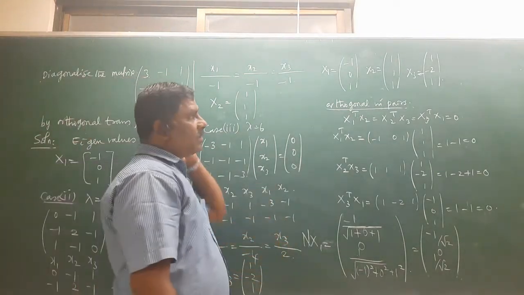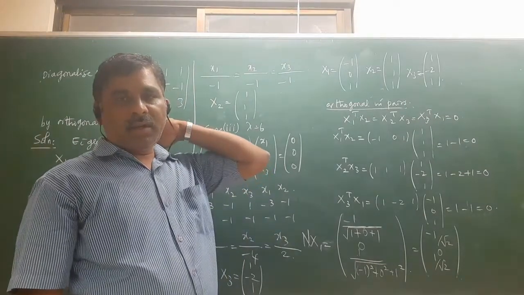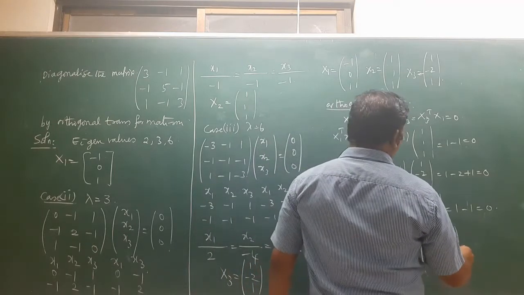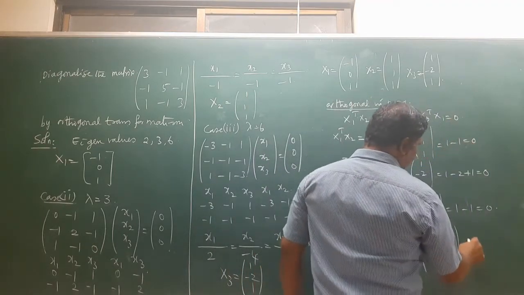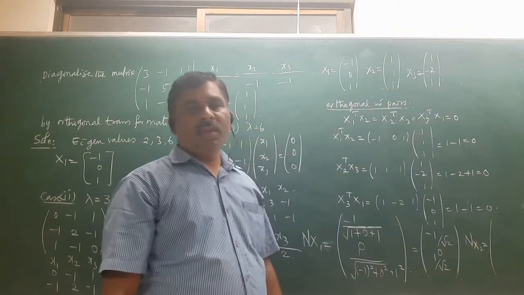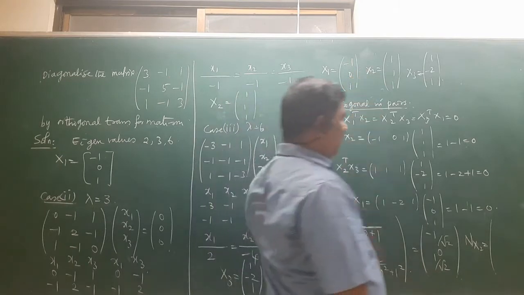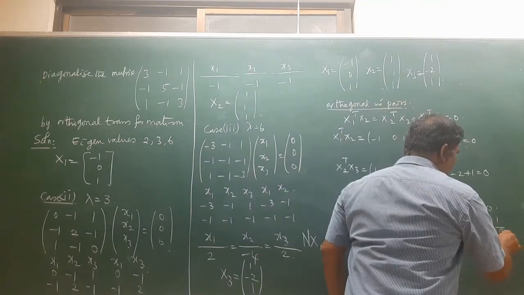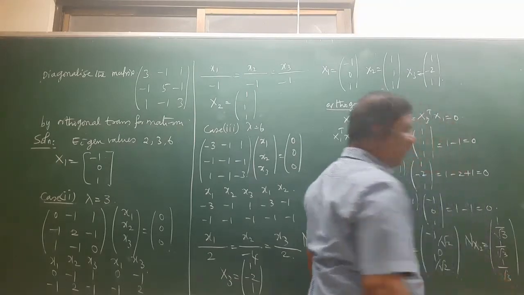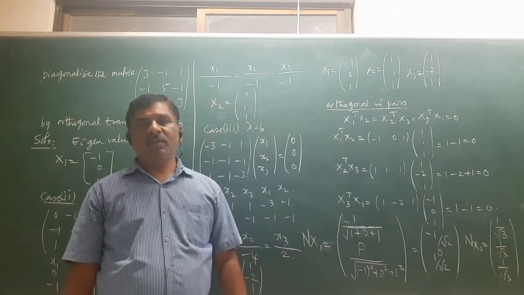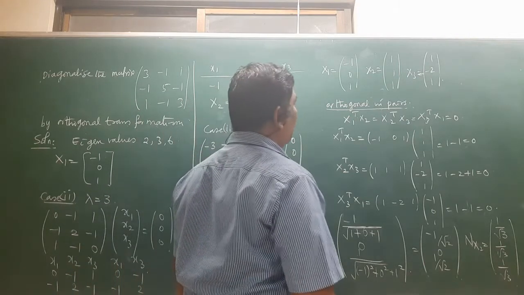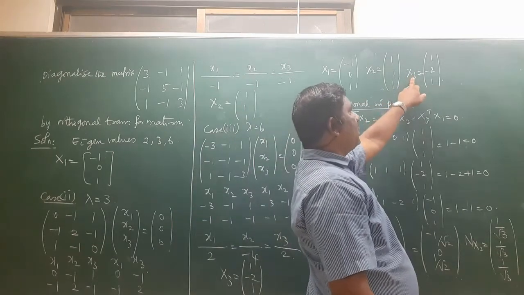Similarly, we can write the second normalized vector nx2. nx2 is 1, 1, 1, so following the same procedure, 1 by root 3, 1 by root 3, 1 by root 3. The third normalized vector: x3 is there.